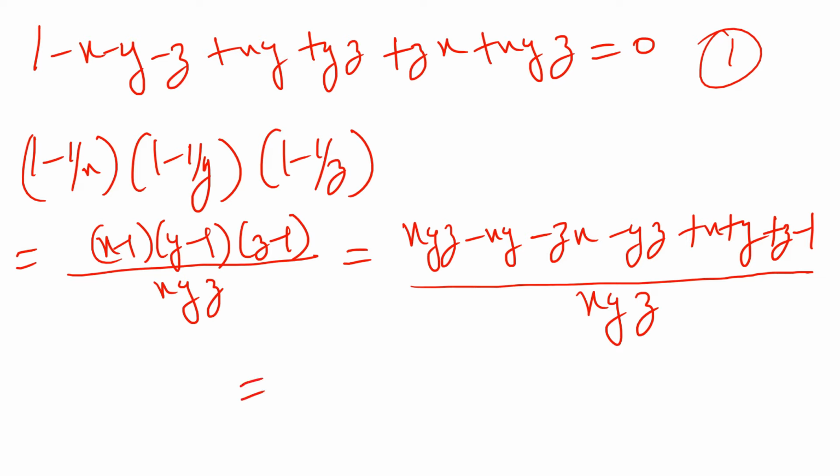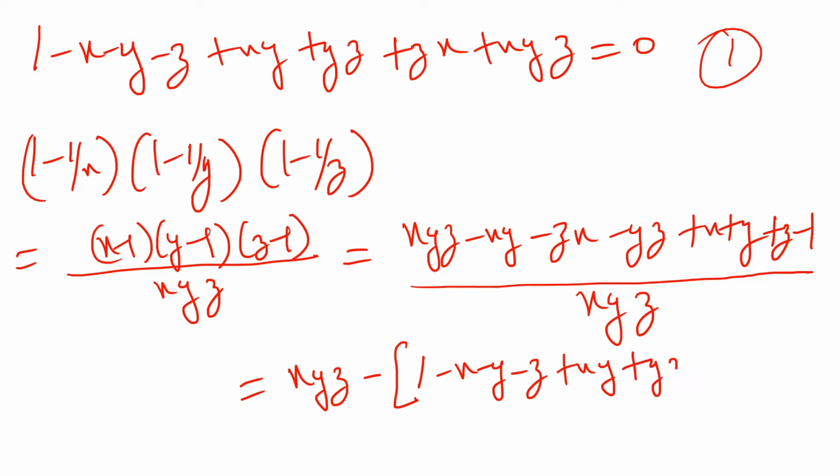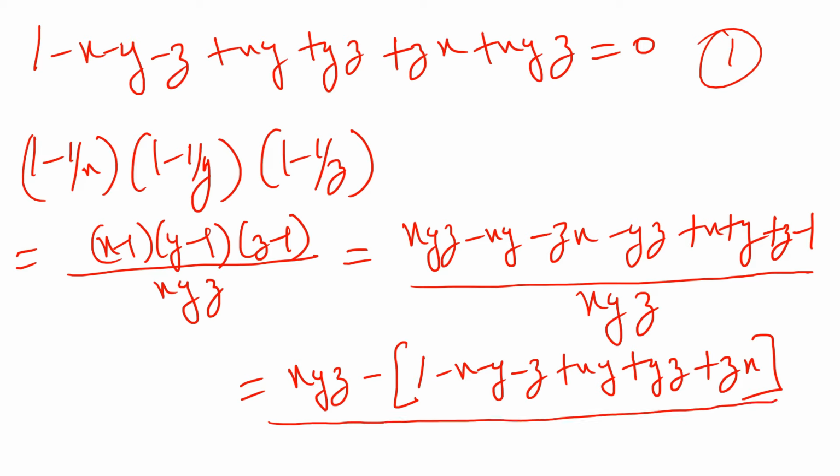I am rewriting this expression as xyz minus, I am taking minus common, and inside the bracket I will be getting 1 minus x minus y minus z plus xy plus yz plus zx. Fine. All divided upon xyz.